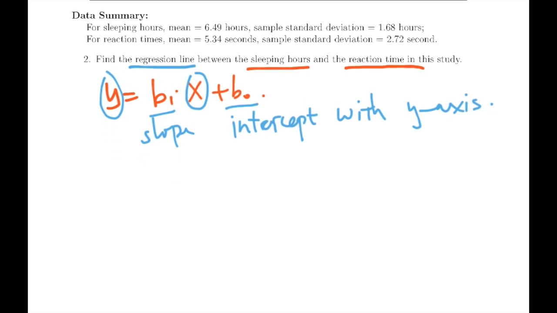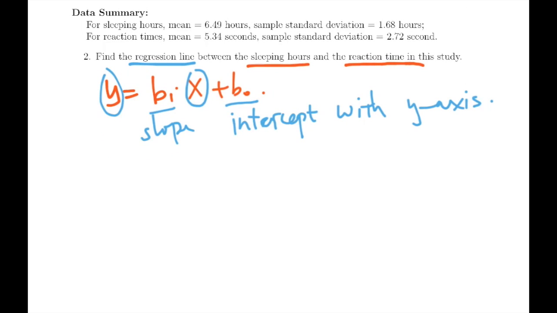So this slope, b1, is given by r, the correlation coefficient, times the standard deviation of y over the standard deviation of x. And again, here y is the reaction times and x is the sleeping hours.